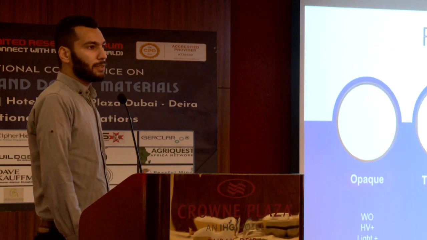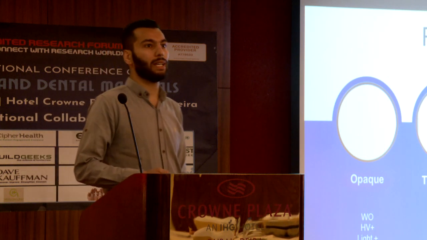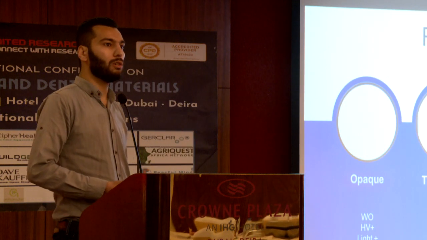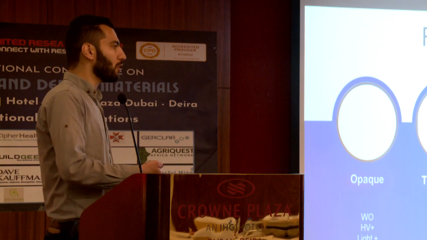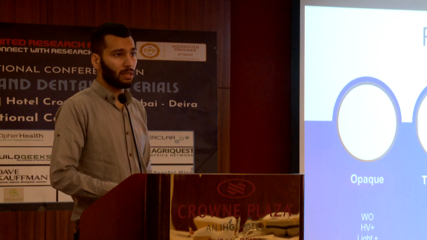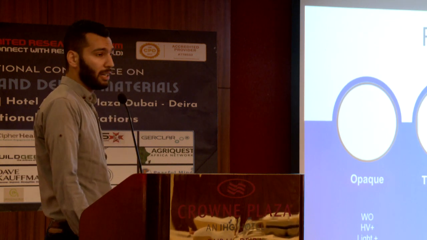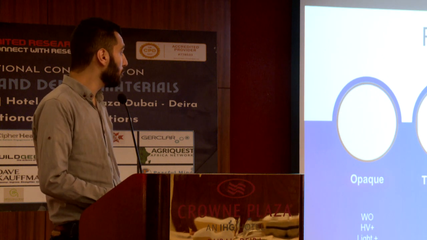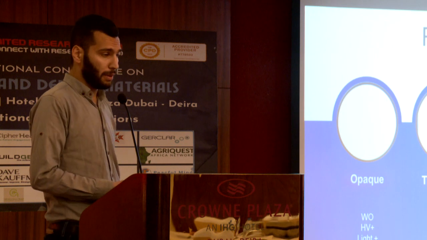For resin cement, we have too many shades, but we have 4 main categories available in all resin cement companies or systems. We have opaque, we have translucent shade, we have universal shade A or tooth shade A1, and we have universal shade A3 or tooth shade A3.